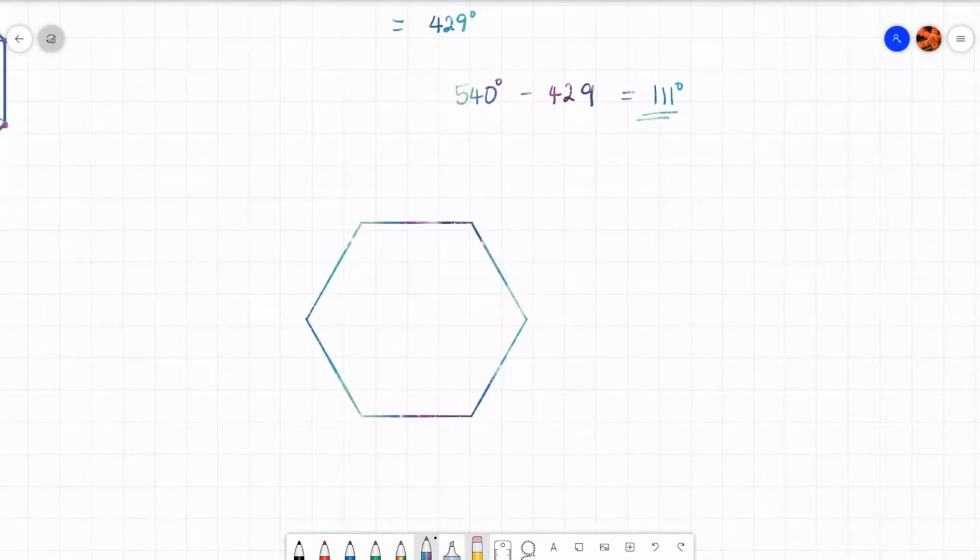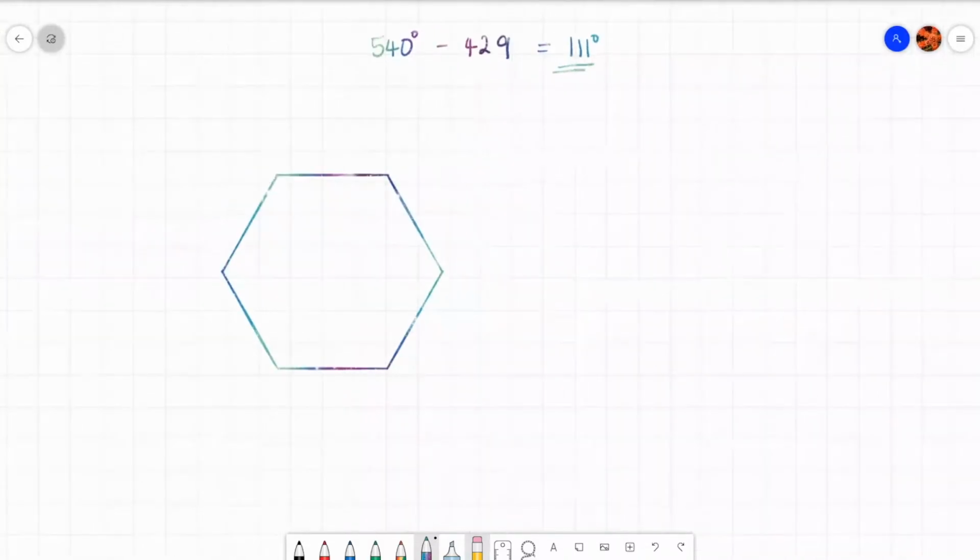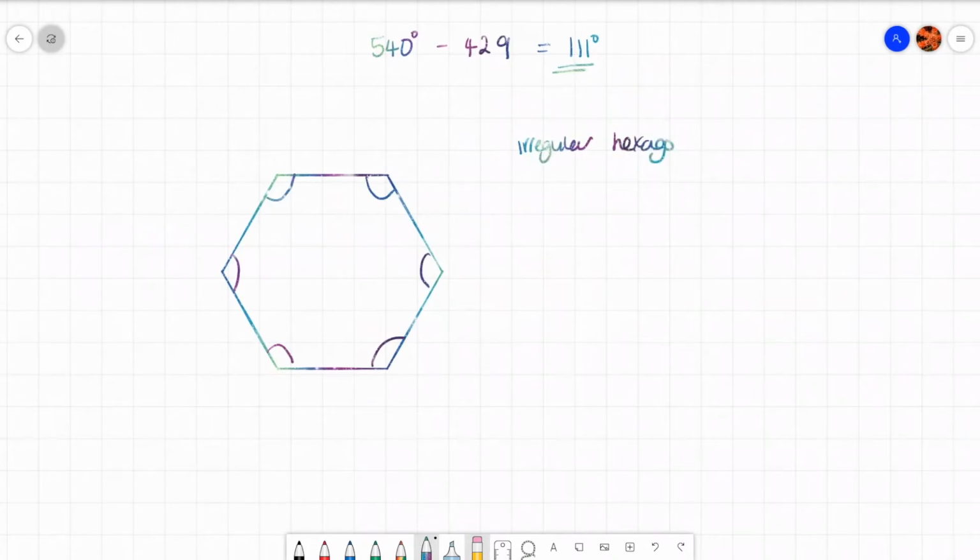Okay, there we are. 1, 2, 3, 4, 5, 6. I've got a 6-sided shape. So let's write in the angles, and then we'll try and work out the missing one. Again, it looks like a regular, we'll say it's a regular hexagon. It's a 6-sided shape this time.